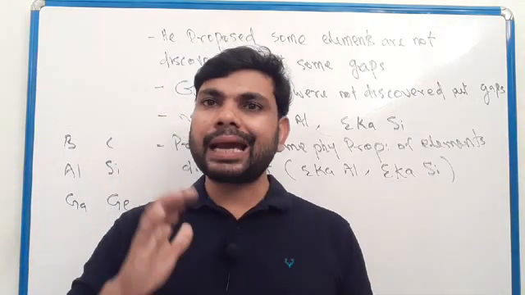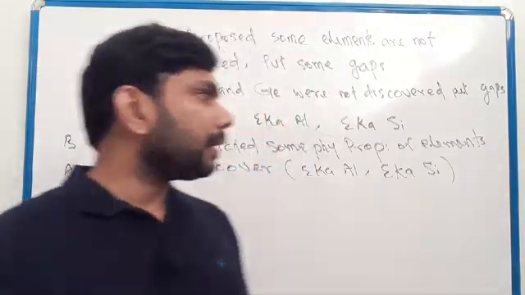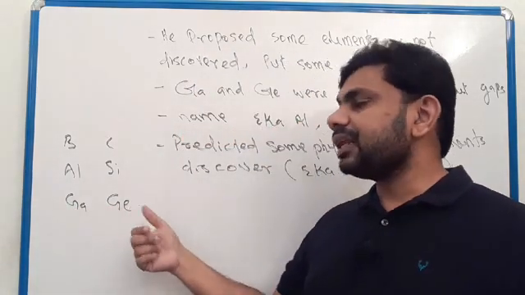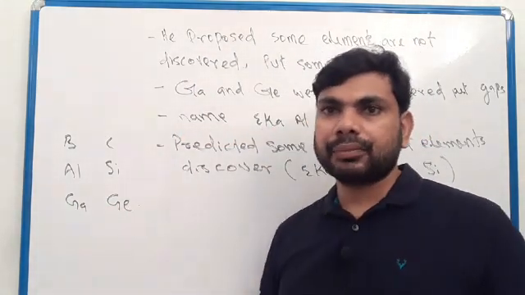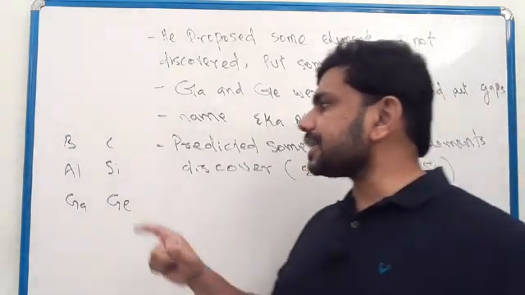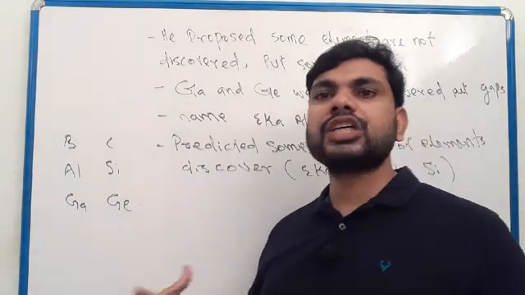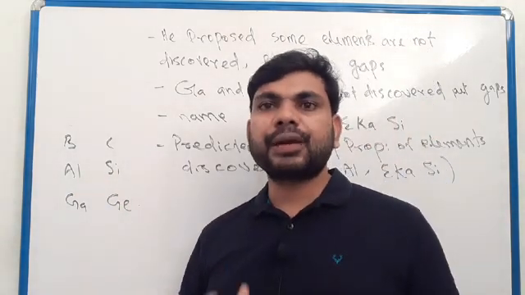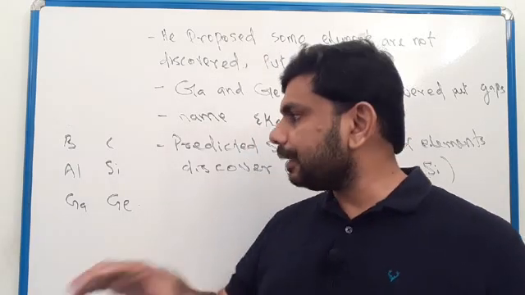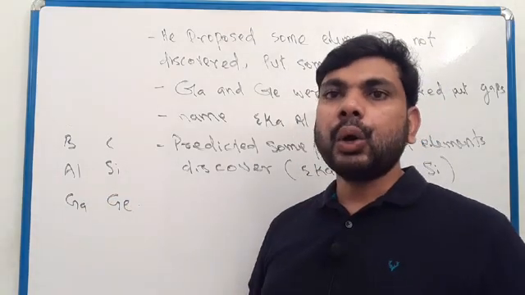He put some gaps in his periodic table. For example, at that time gallium and germanium were not discovered, and he left gaps after aluminium and silicon for those elements.